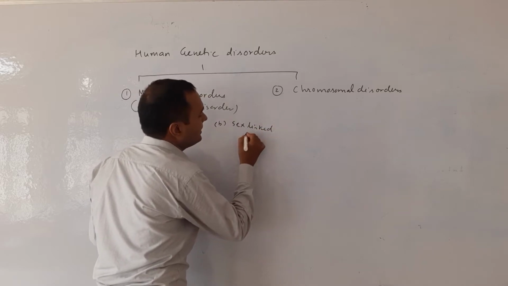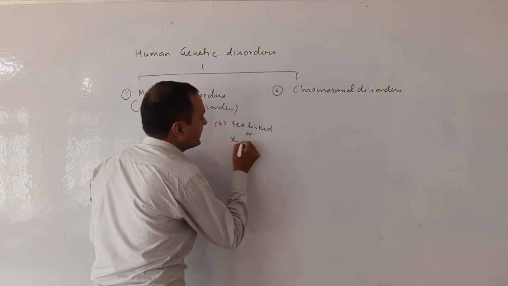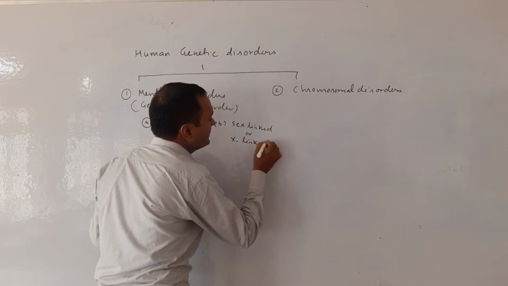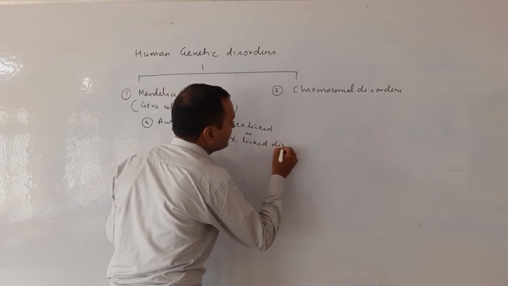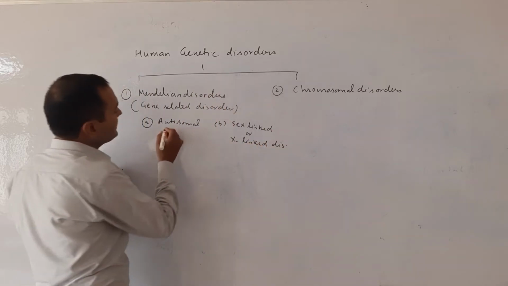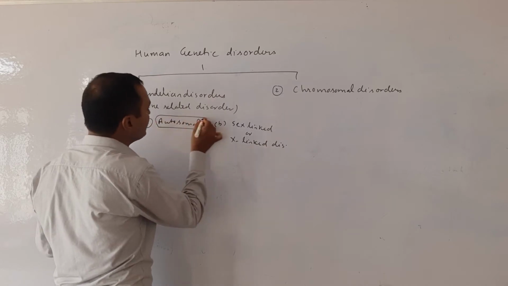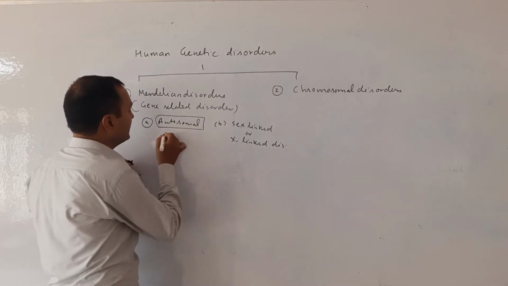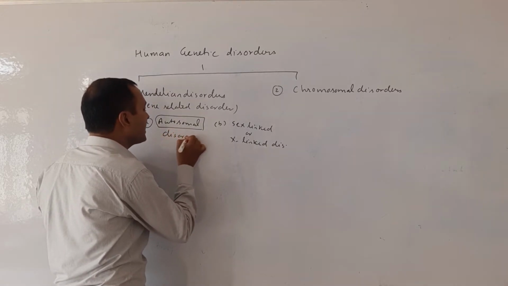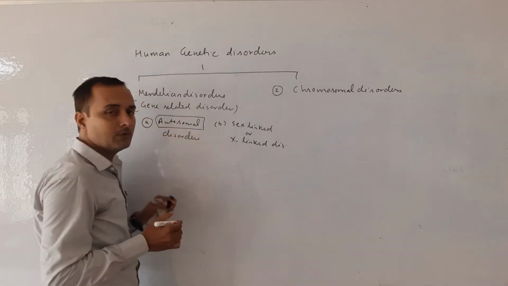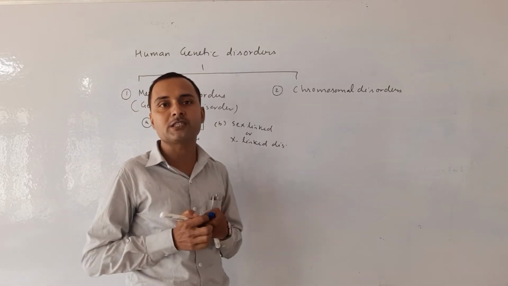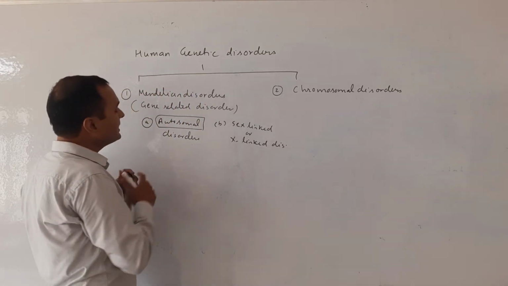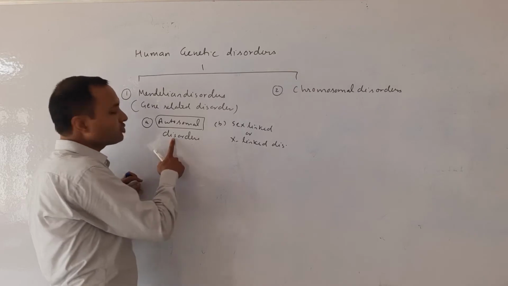In autosomal disorder, the genes present on autosomes become mutated or non-functional.